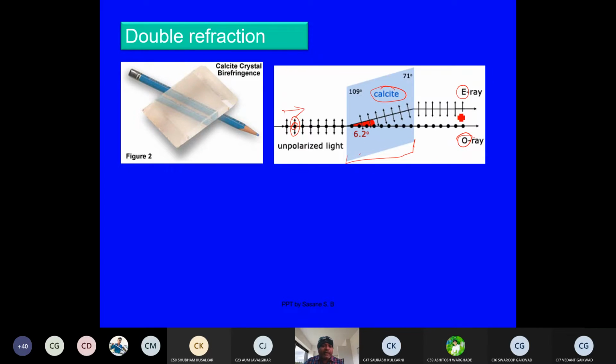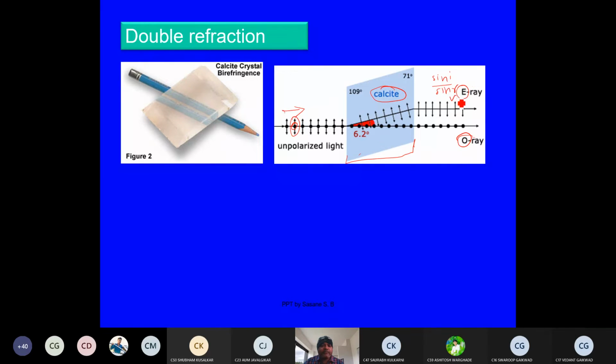But the extraordinary ray doesn't follow the laws of optics, like Snell's law. For example, sin i by sin r should be equal to mu, but it is not equal to mu. That sin i by sin r for the E ray is variable.